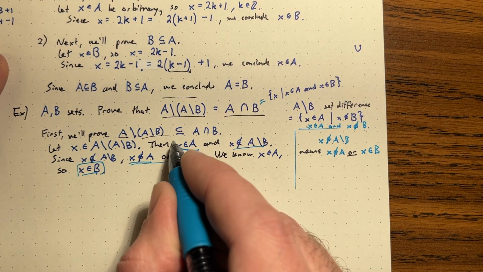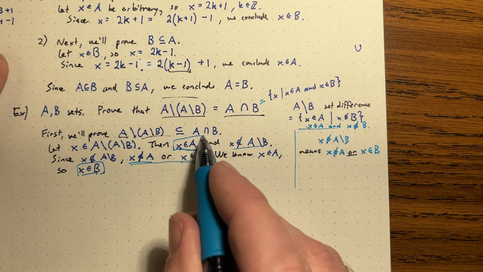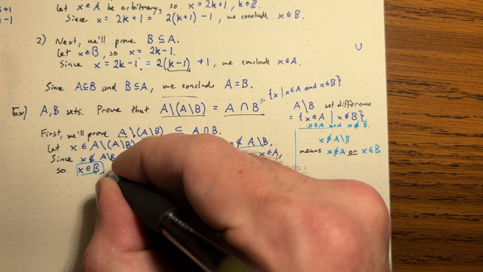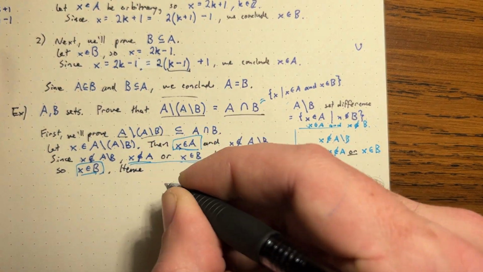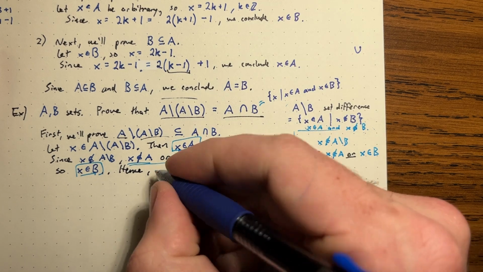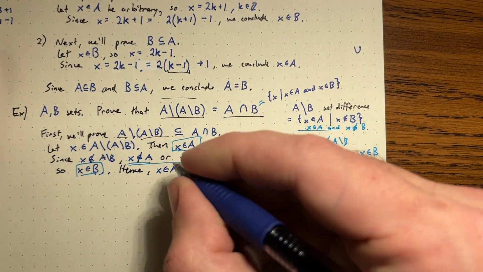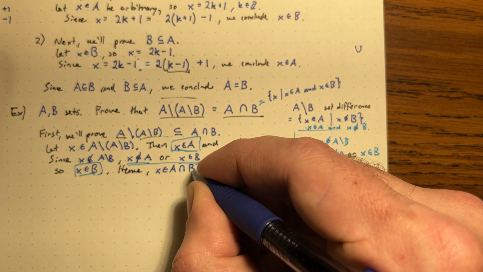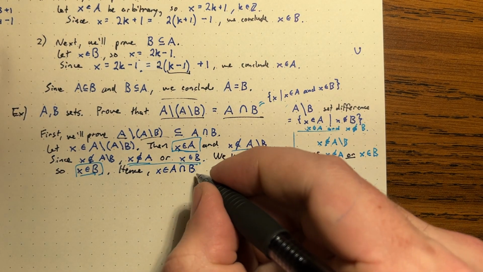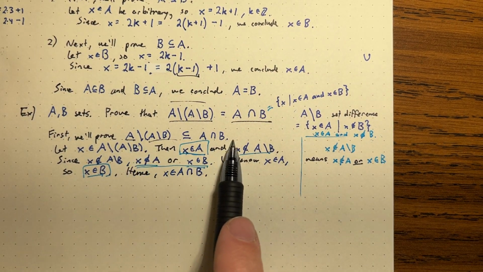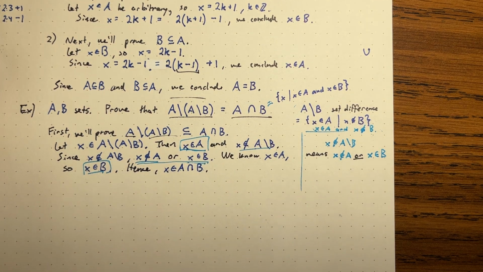If x is in A and x is in B, then x is in the intersection. So hence, x is in A and x is in B. So x is in A intersect B. So we've actually proved that this set is contained in that set.